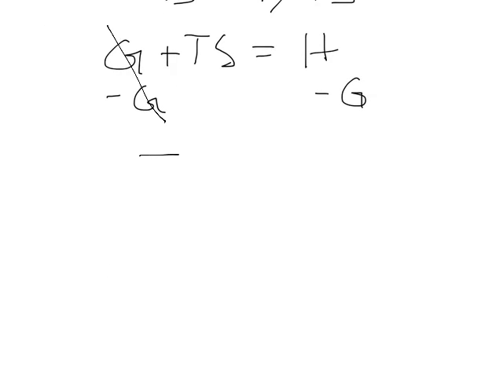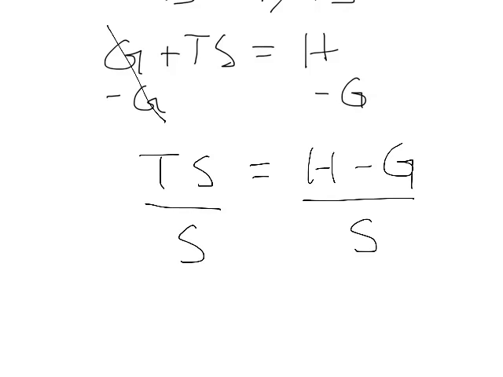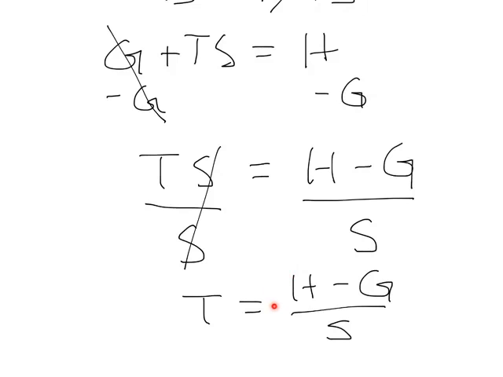So G cancels out, I've got T S equals H minus G. And now I can follow my order of operations and divide both sides by S. And again, what I'm looking for is the implied parentheses, that the H minus G, this whole quantity, is over top of S. So we'll definitely be using this form later on.